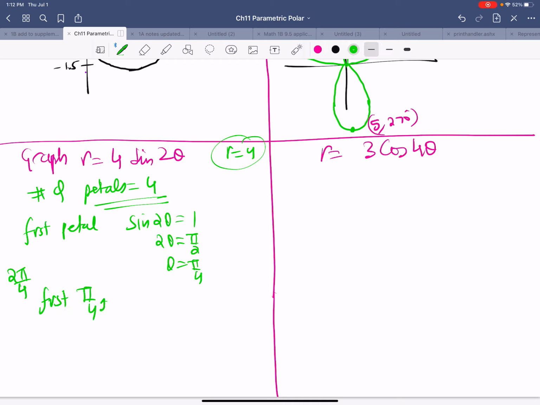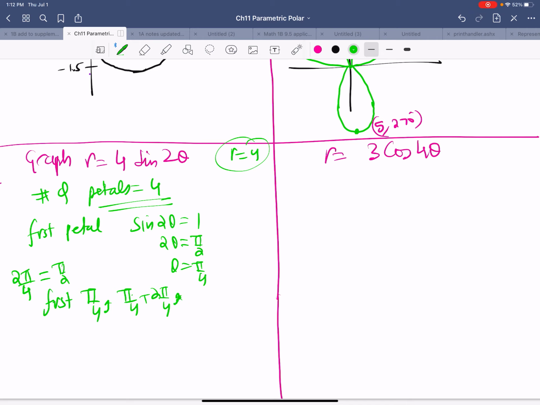The second one would be pi over 4 plus 2 pi over 4, and 2 pi over 4 is the same thing as pi over 2. The next petal will appear at pi over 4 plus 2 pi over 4 plus 2 pi over 4, and the last petal adds another 2 pi over 4.